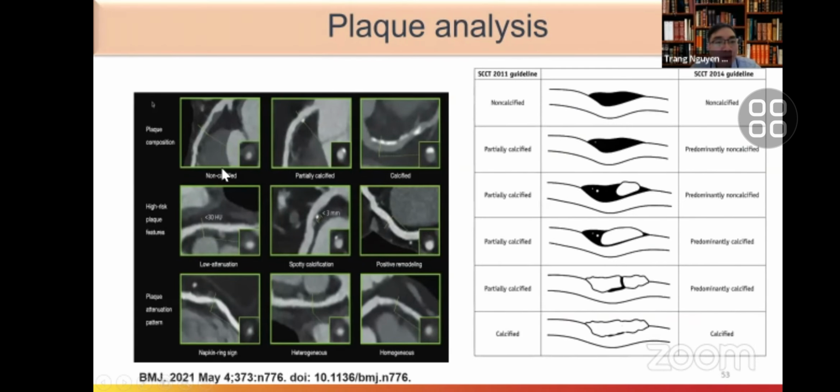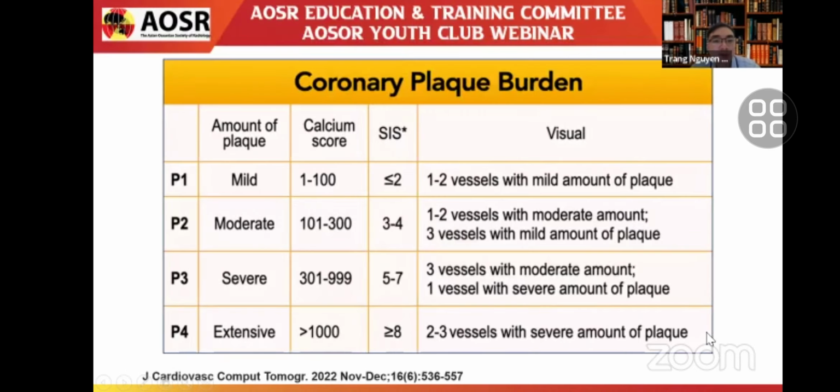And together with this, in the SCCT guideline from 2011 and 2014, we check whether the plaque is non-calcified, partially calcified, or predominantly calcified, from calcified to non-calcified plaque also.